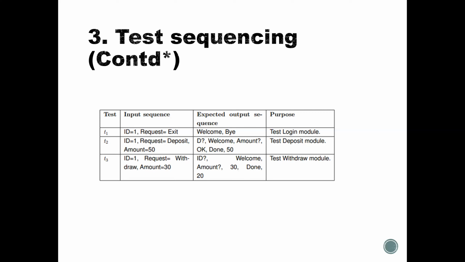So you can think about it. What exactly do you have to do? Can you just run this regression test on T3, which is already there, or do you need to run T2 or maybe T1 before executing T3?